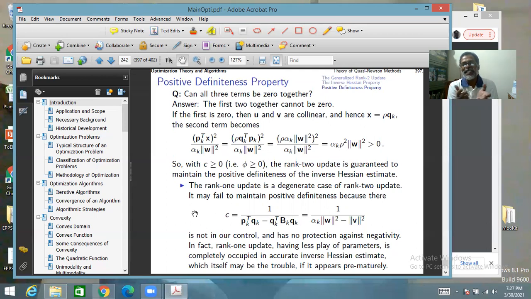And it may happen that it may construct the inverse Hessian too early when the iterates have not entered the neighborhood of a minimum point, and therefore the correct Hessian and therefore the correct inverse Hessian may turn out to be indefinite. And that's why rank 1 update is not trustworthy. All rank 2 updates with non-negative phi will be all right.